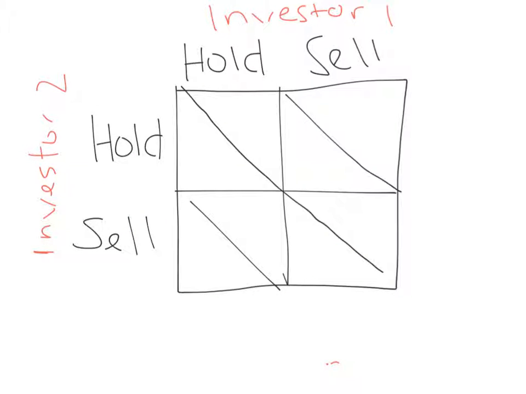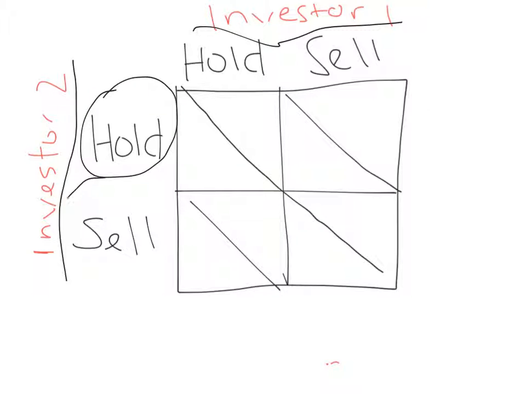So moving on, there's going to be another example with investor 1 and investor 2. This is a common example in game theory. So they could either hold or sell, and if investor 1 decides to hold and investor 2 decides to hold, it would be 0 and 0.